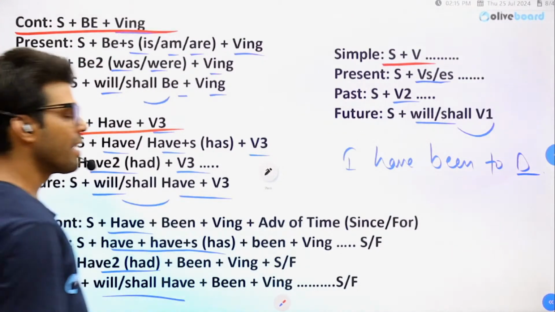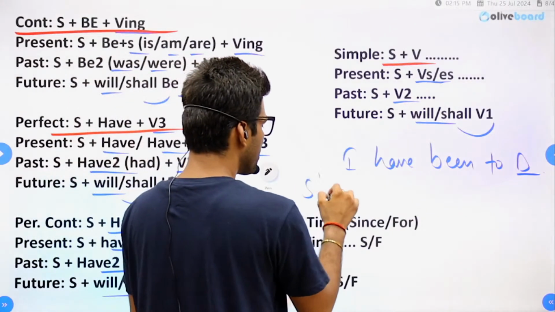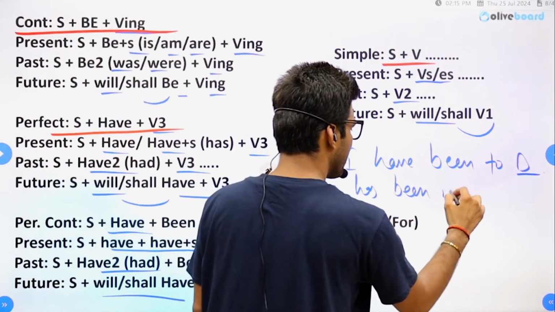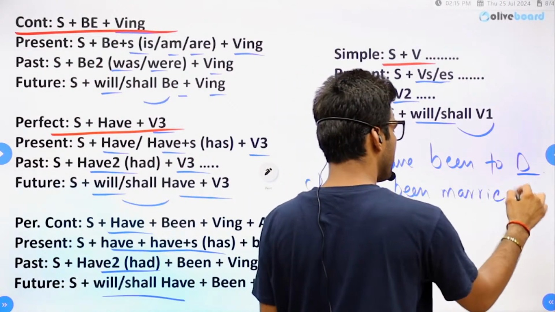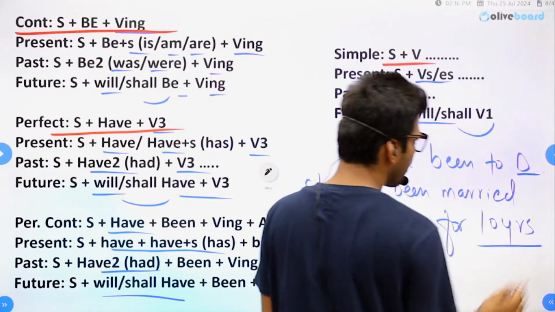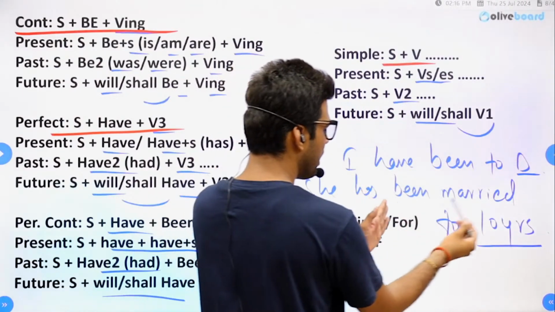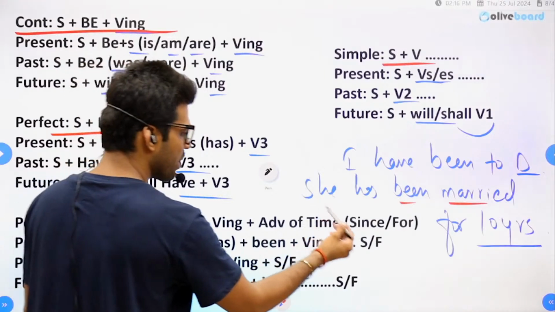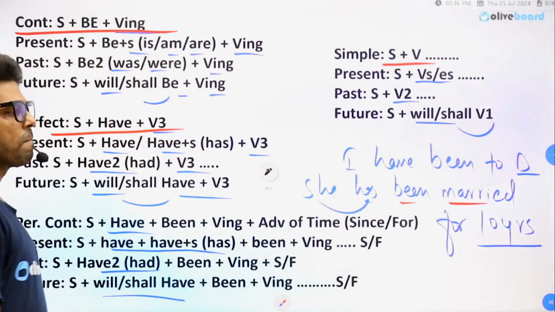Okay. And in the same fashion, when you say she has been married for last 10 years or anything such, she has been married for 10 years. I hope you remember, we will discuss B plus V3 is a passive. B plus V3 is a passive. And we have a singular subject here for which SES is also there.